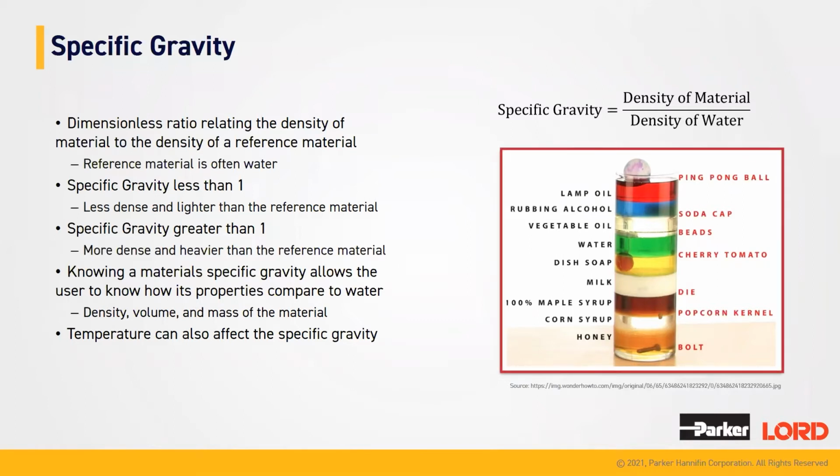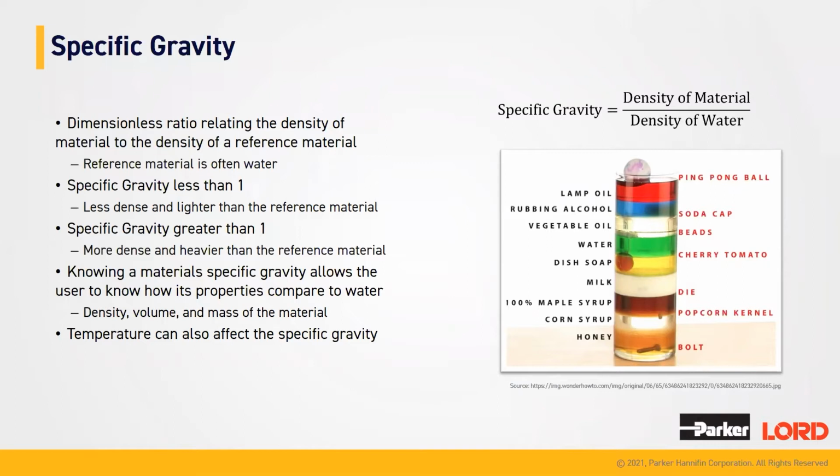If you refer to the image to the right, you can see water is that green material about midway up the column. The ping pong ball on top of the column is less dense and lighter than water, so the specific gravity would be less than 1. When the specific gravity is greater than 1, that means it is more dense and heavier than the reference material. If you look at the bottom of that column, you'll see a bolt sitting down there in the honey.